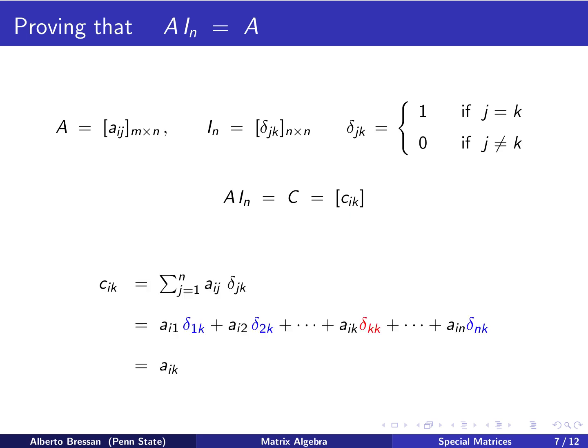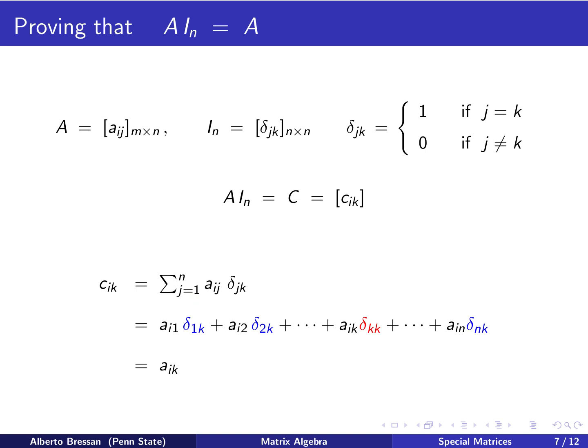And then we know the element in C is computed by summing up this product in this specific form. So we'll be summing up the product a_ij times delta_jk, and j goes from 1 to n.